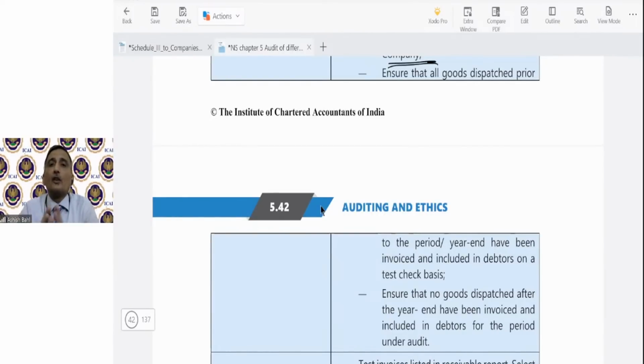So the auditor has to be careful about those things, that for all the invoices raised, goods should have been dispatched. Because when you book something as sales, then obviously it would be reduced from your stocks. It should not lie with the company as a stock. Okay.